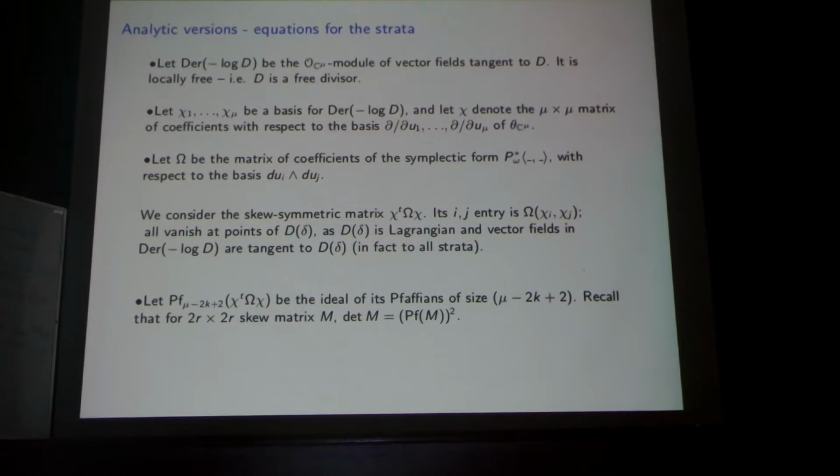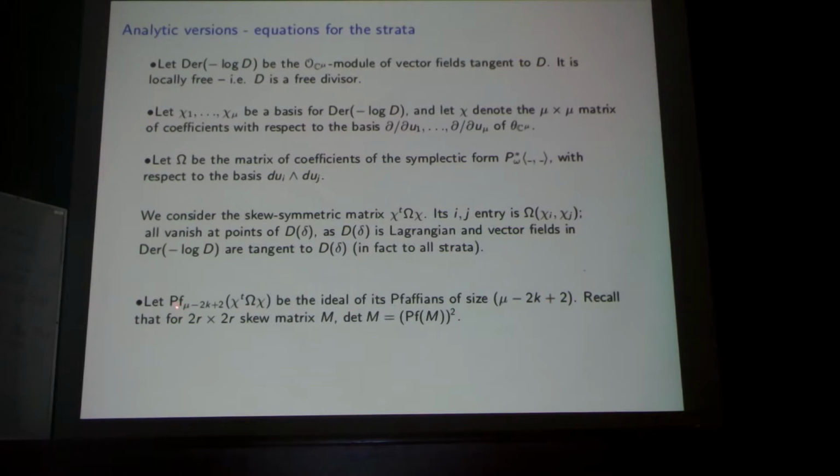So the Pfaffian of a generic skew-symmetric matrix of size 2k is a polynomial of degree k. The determinant is a polynomial of degree 2k, the Pfaffian is a polynomial of degree k. So we can form the ideal of Pfaffians of different sizes of this skew-symmetric matrix.